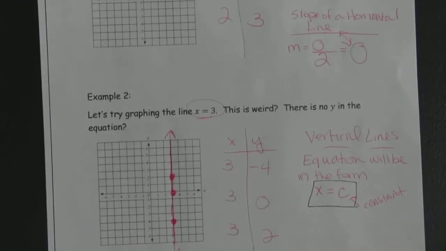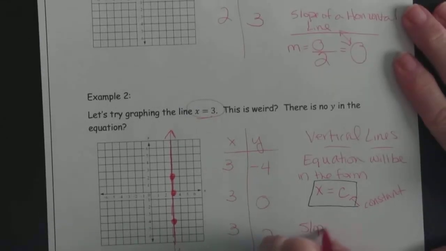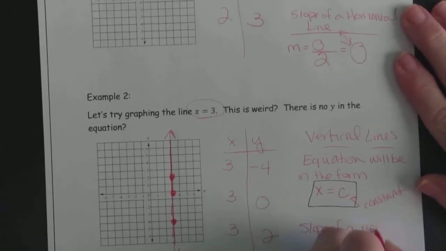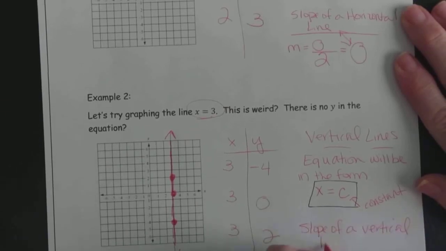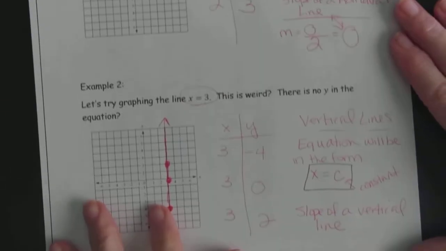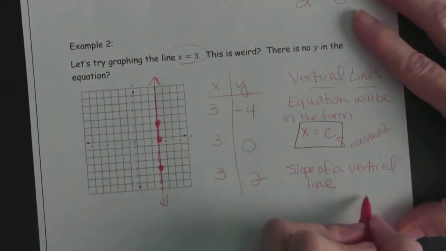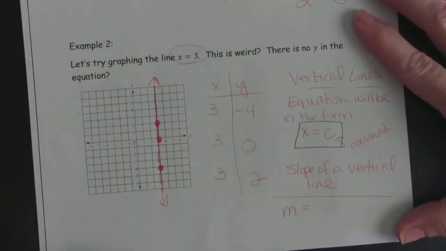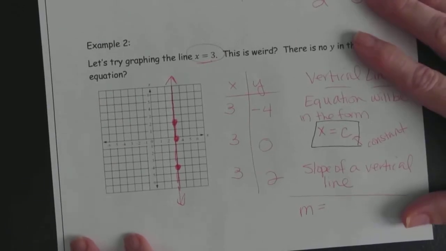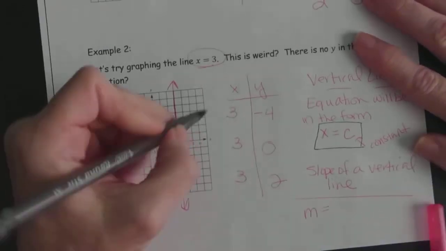Okay, x equals c. Now, let's talk about the slope. The slope of a vertical line is always going to be the same. That's the cool thing about vertical and horizontal lines. They're always the same no matter where they're positioned.